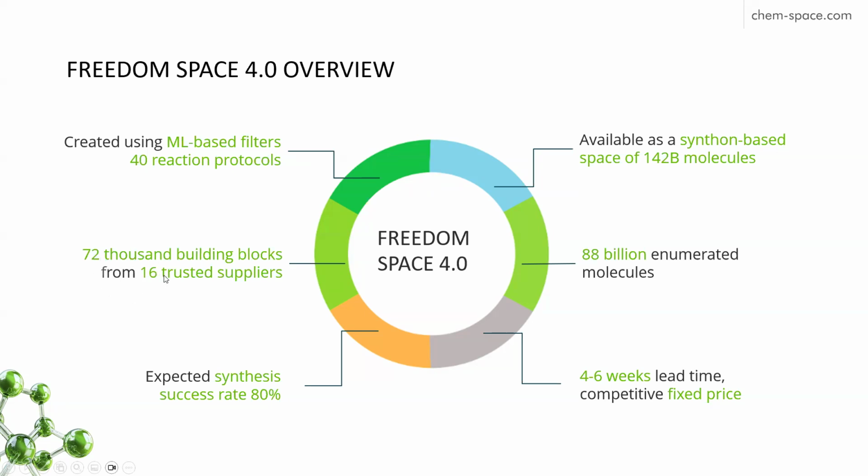We also applied a cutoff based on price to select this pool of 72,000 building blocks. We expect the success rate for these Freedom molecules to be over 80%, as we experimentally proved for Freedom Space 3.0. The lead time for these molecules will be between 4 and 6 weeks.